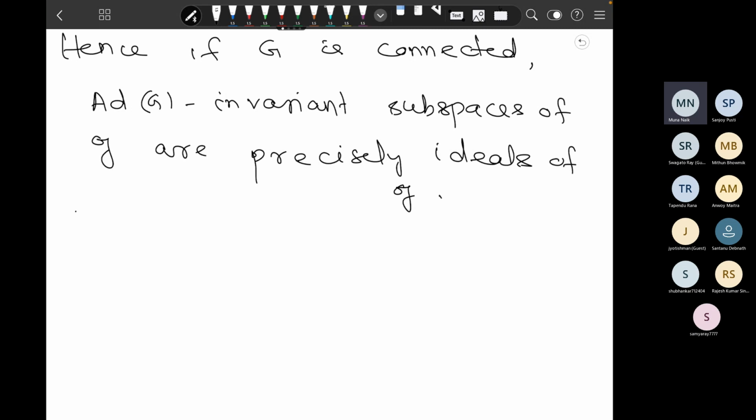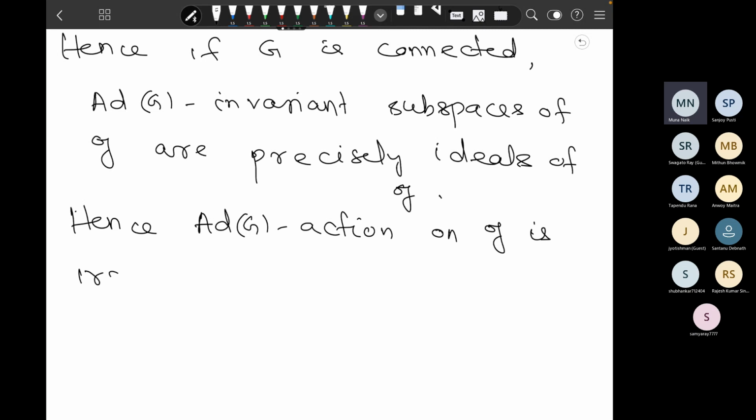So I want to investigate the situation when this adjoint representation is irreducible. Hence Ad_G action on g is irreducible means that there will be no proper ideal of g, if and only if.